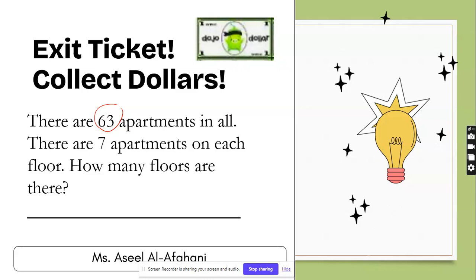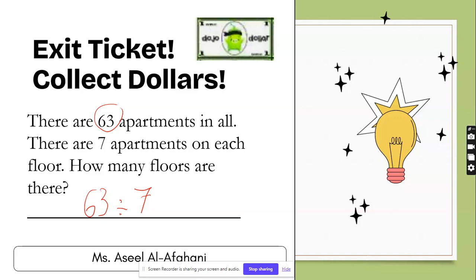Here is the point. It is like separating these 63 into a number of floors such that each floor will have the same number of apartments. Will have 7 apartments. Each floor, how many apartments does it have? Oh, 7. Good job. So I'm going to say 63, which is the number in all, divided by what? The number in each cup or the number in each group. You have 63 in all, you have a number of groups, and I have 7 in each group.